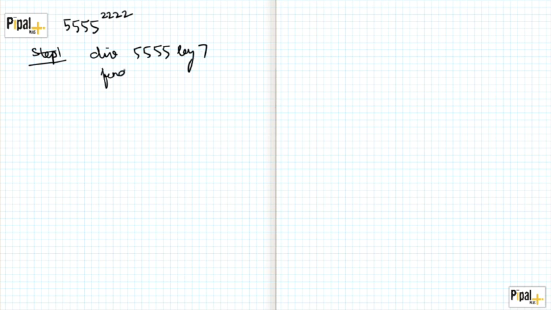So now when I do 5555 to the power 2222, my step 1 is going to be, I have to divide 5555 by 7 to find the remainder, right?